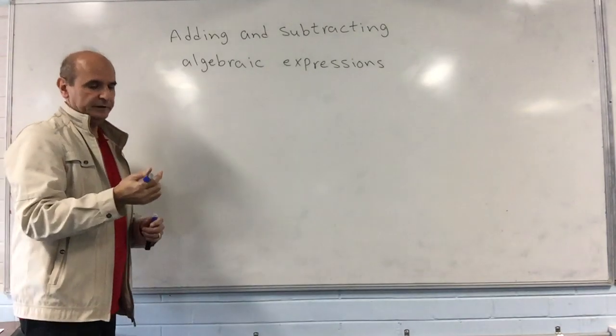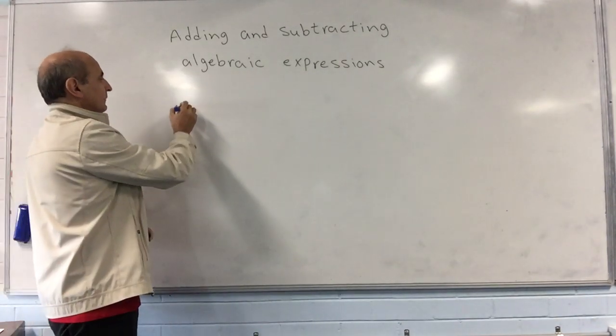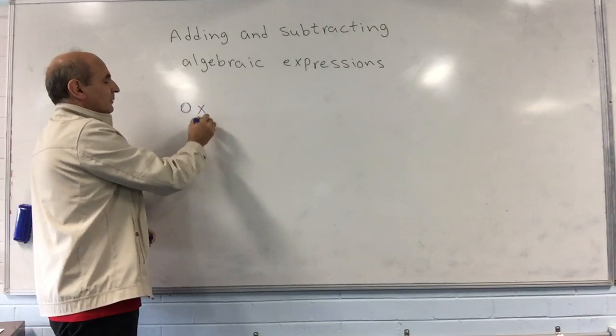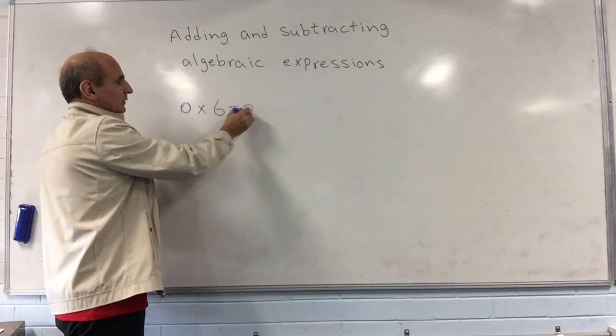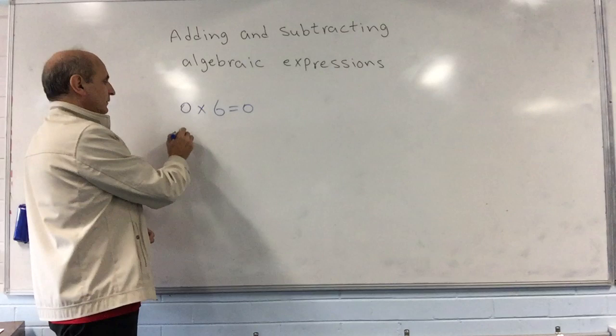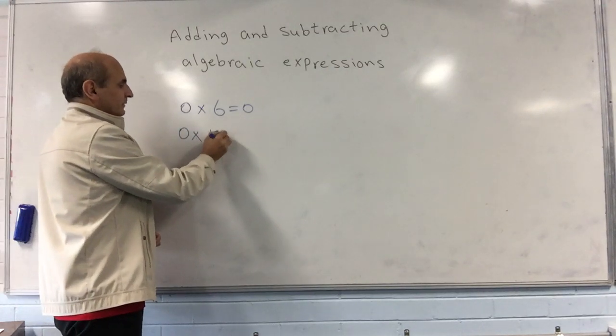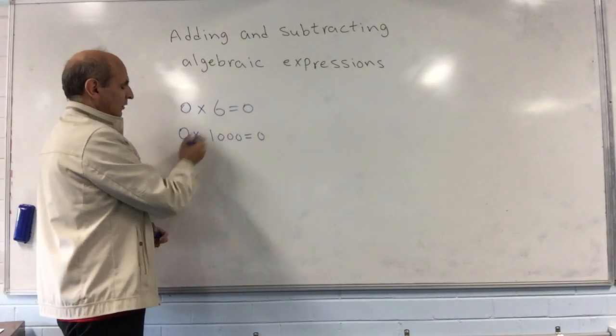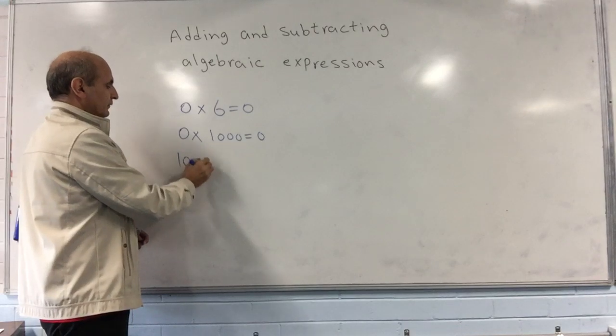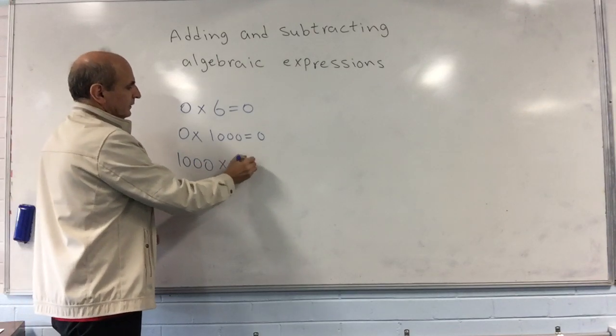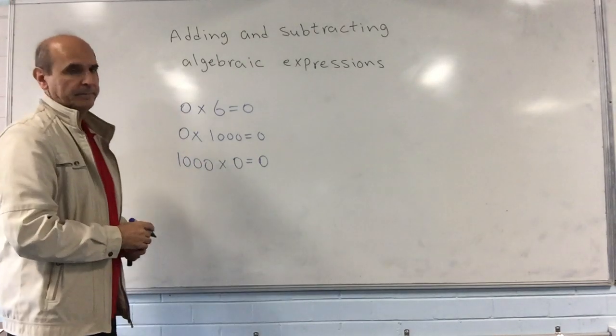The other fact we need to remember is 0 times any number is 0. 0 times 6 is 0. 0 times 1000 is 0. Or 1000 times 0 is also 0.